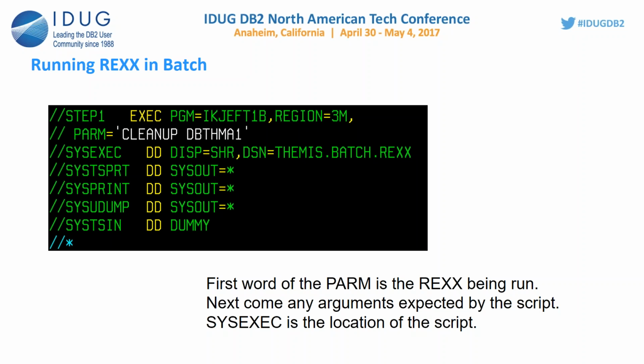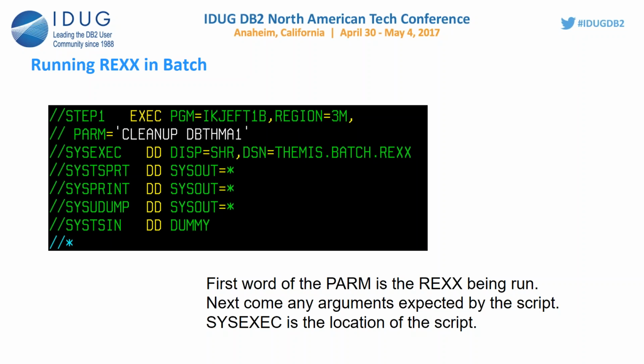What this cleanup script does is it goes out and does a LISTCAT on all that ID's files and issues deletes for them. It actually goes into DB2 as well and looks for all of the objects that person created and drops them, and so on. So it's just a quick and dirty cleanup of an ID.